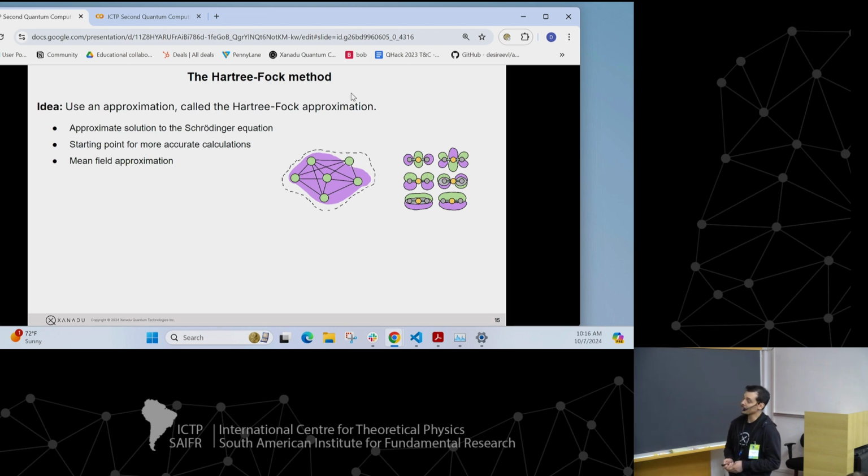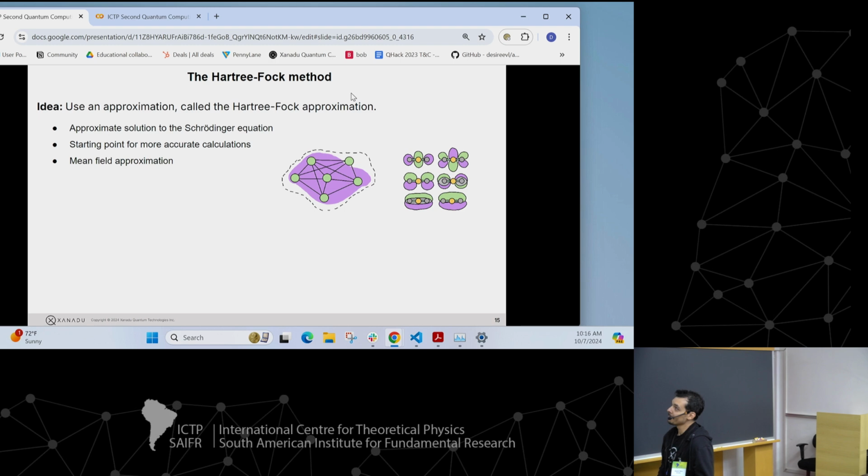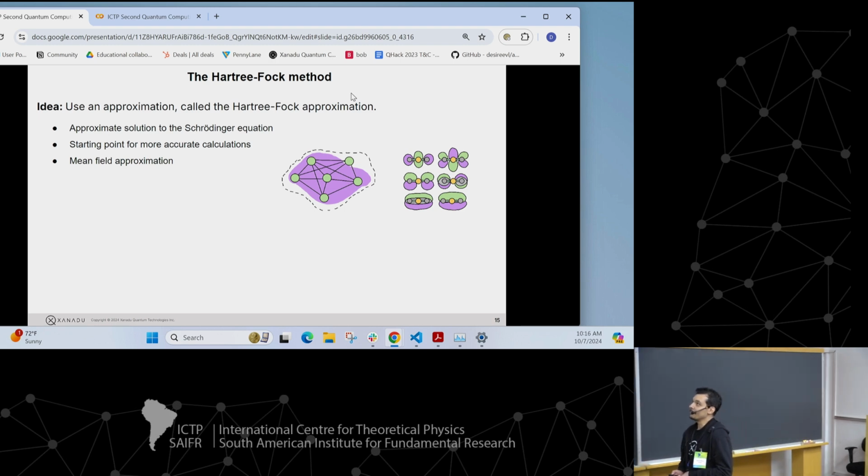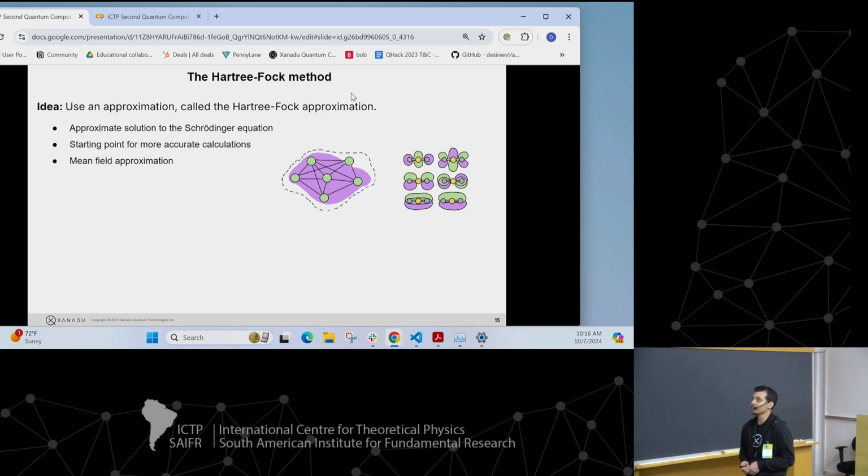The most basic one and the most popular one is this Hartree-Fock method, which is kind of the most basic approximation you can make of a molecular system.